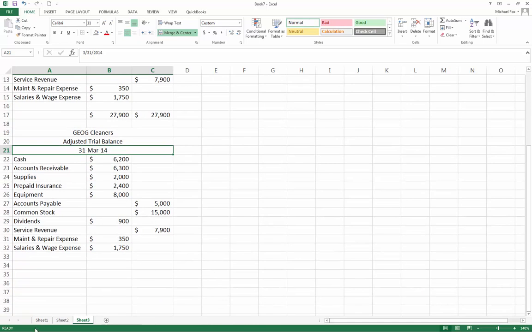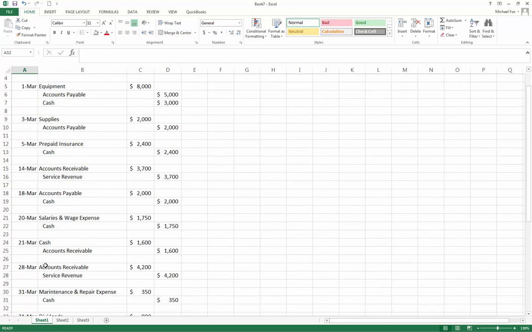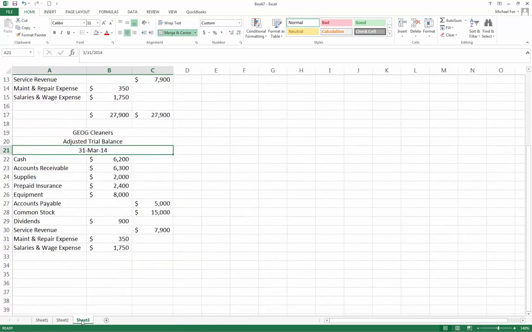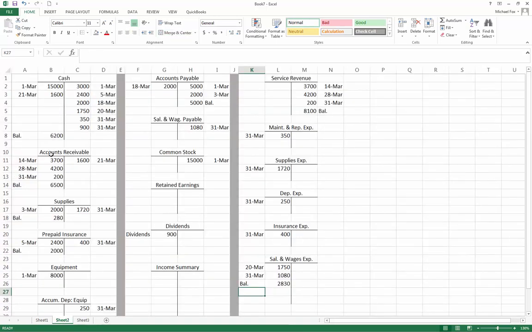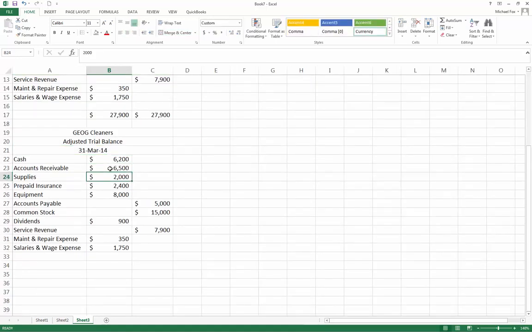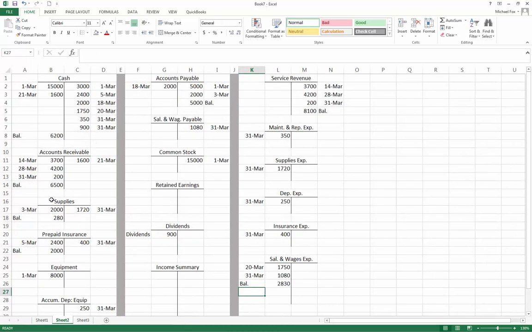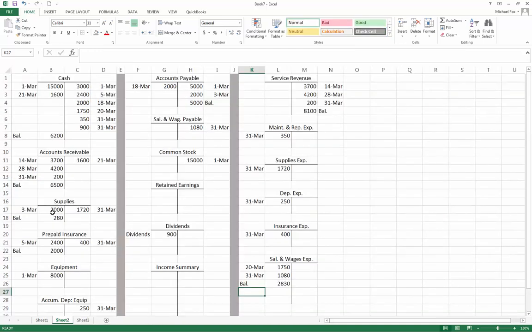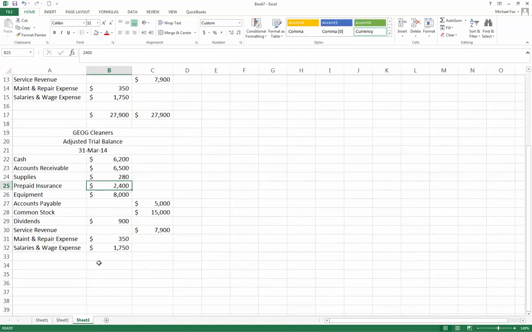And now I'll have to go back and move over the balances of each account again. So still $6,200 for cash. Accounts receivable is now $6,500. Supplies is now $280. Prepaid insurance is now $2,000.